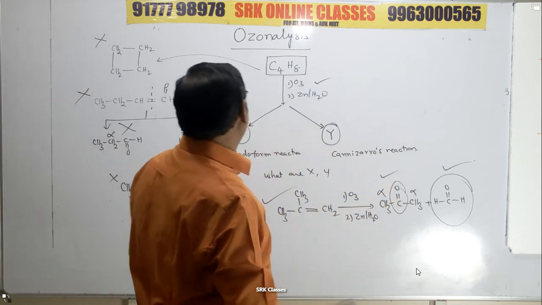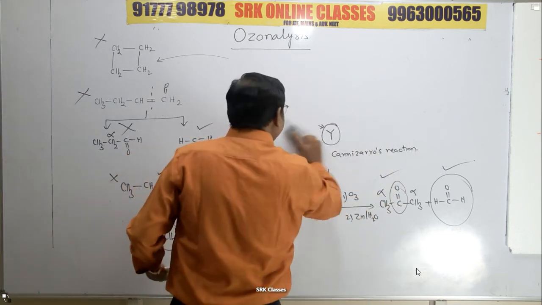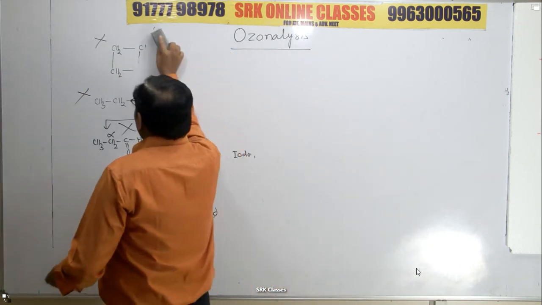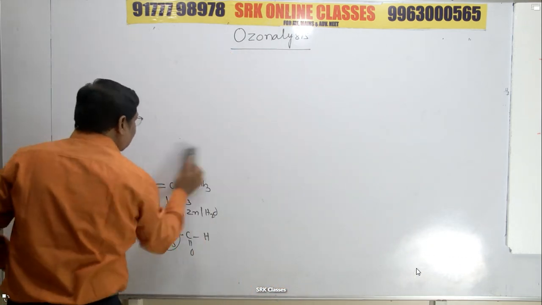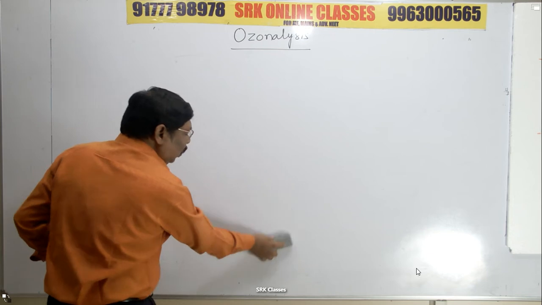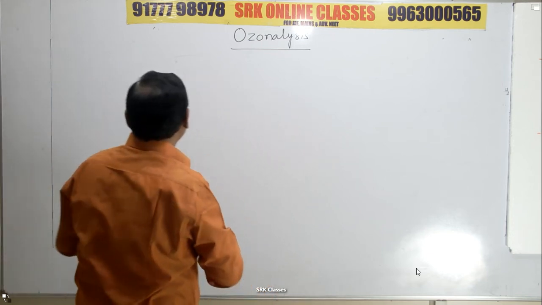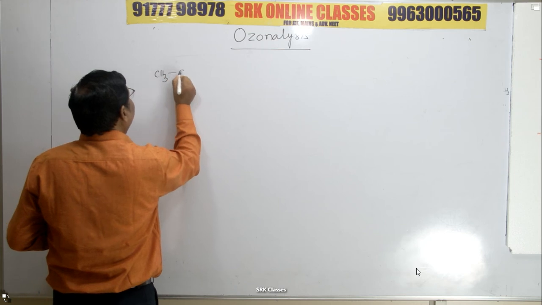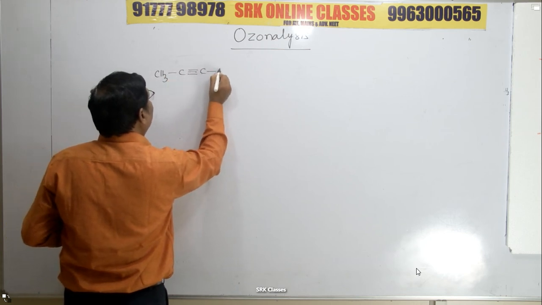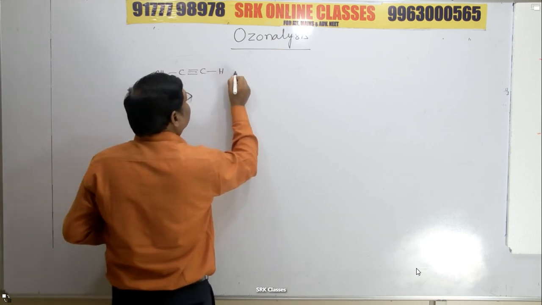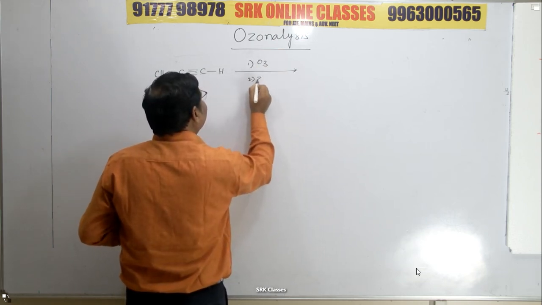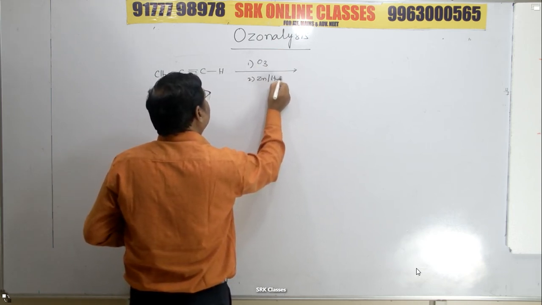Now let us take alkynes. Alkynes also undergo what? Ozonolysis. I take two different examples here. This is one example, CH3, C triple bond H, with ozone, zinc and H2O.